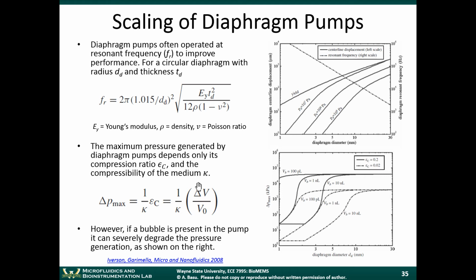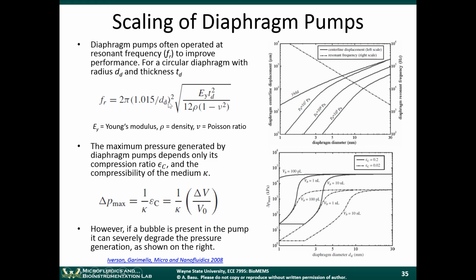So this graph just shows that, from a design perspective, the resonant frequency f_R changes with the size of the diaphragm. Suppose the diaphragm has a diameter d and a thickness t.